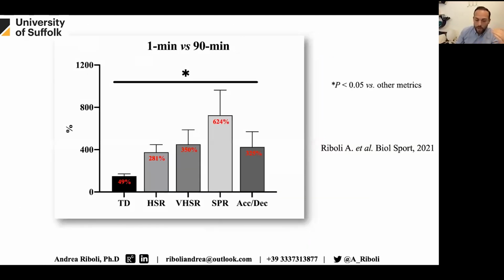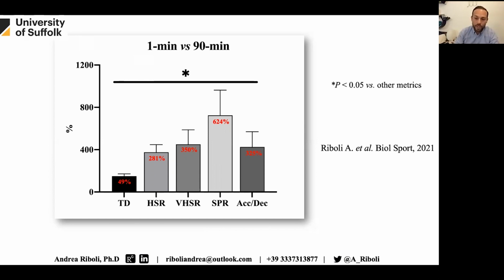So I would highlight that the external load demand during the 1-minute peak, in comparison with the 90-minute average match demands, was significantly higher for each metric: total distance, high speed running, sprint, and acceleration, deceleration, and mainly for high speed running and sprint. So at least 4 times higher or 6 times higher for sprint and high speed running distances in 1 minute than the 90-minute average.